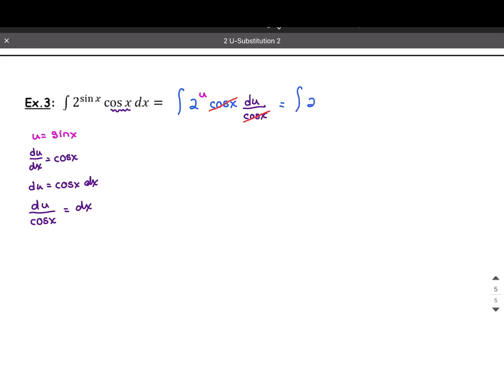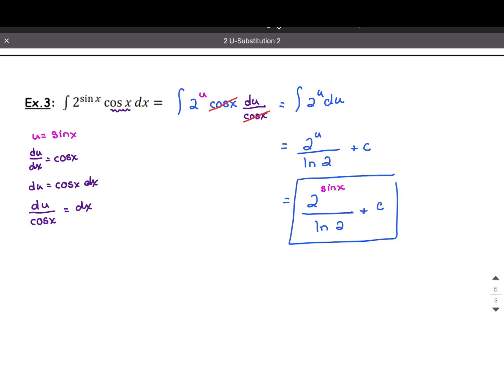We have the integral of 2 to the u du. So according to our model, that's 2 to the u divided by the natural log of the base 2 plus c. One last step. We got to change that u back to the sine of x, all over the natural log of 2 plus c.